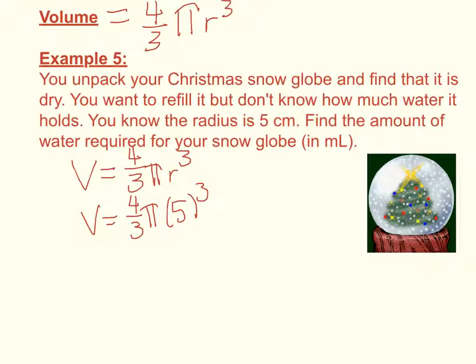You can grab your calculators. For 4/3, on your calculator you want to write 4 divided by 3 times pi times 5 to the 3rd power.